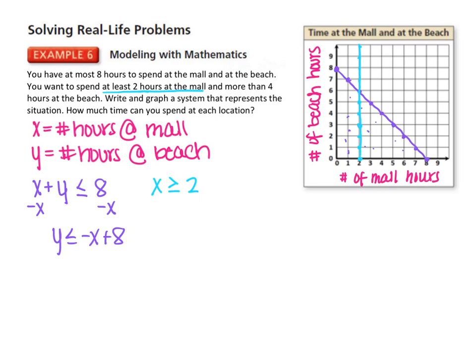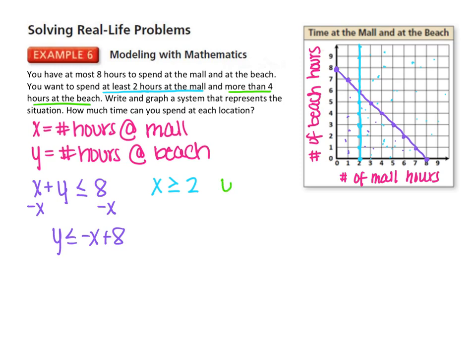So I connect those points and say anything. Well, maybe I don't even have to put dots up here because I know that wasn't part of the purple ones, right? But I could. Right? And then another line that talks just about more than 4 hours at the beach.